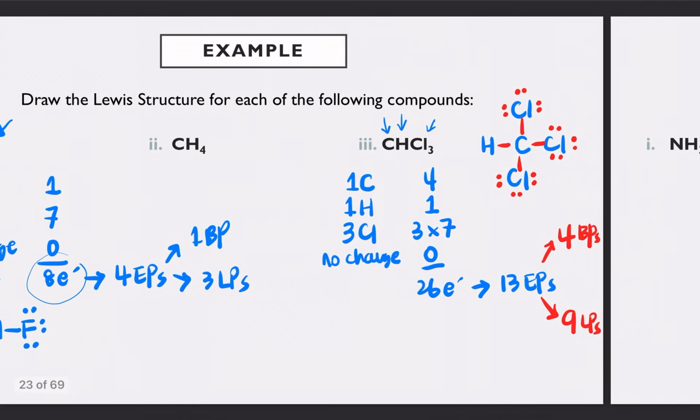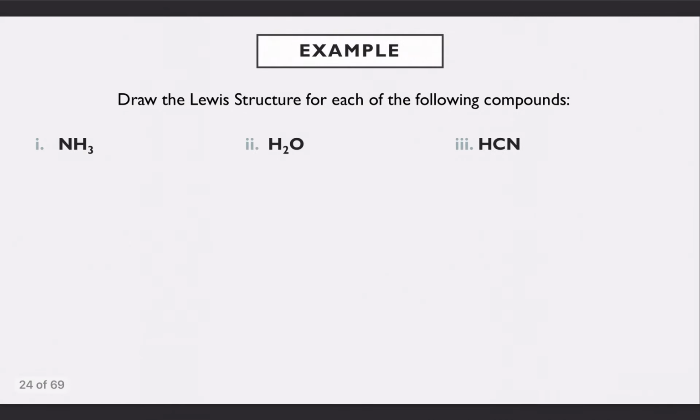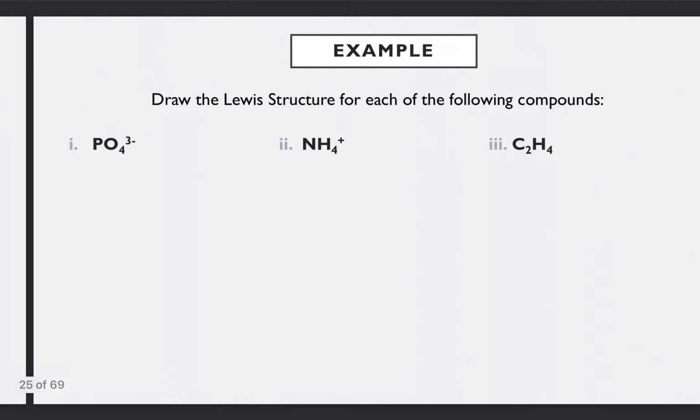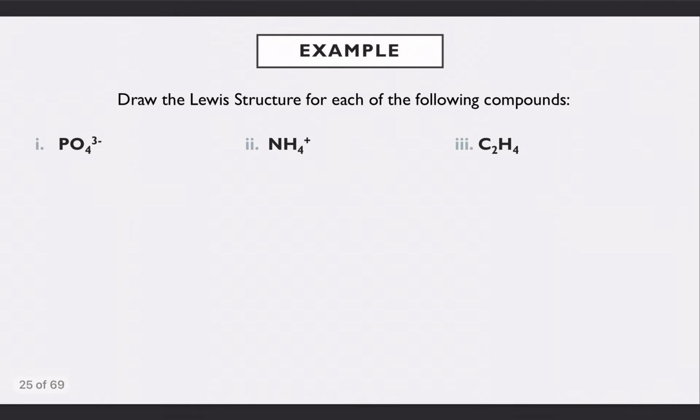Alright? Okay. So this one, I think you can try it on your own. Now I'm going to show for this one, but I'm not going to complete it. Alright? Or am I? I think I will. So let's do this example for NH4 plus, the Lewis structure. We have 1 nitrogen and 4 hydrogen and 1 positive charge, 1 plus charge.